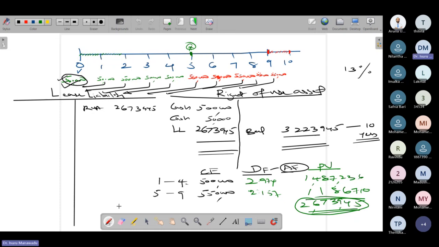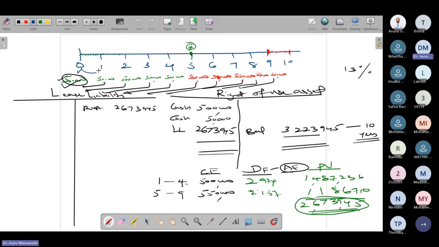Okay, we'll do it. Can you please tell me the interest expense for the first year? This is the answer for the second part. Yes, what is the interest expense for the first year?